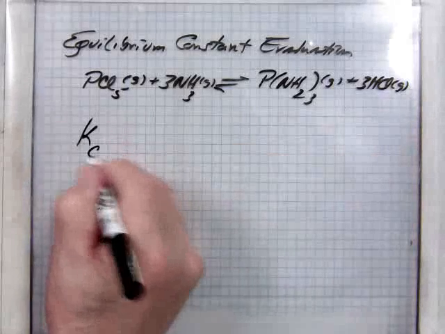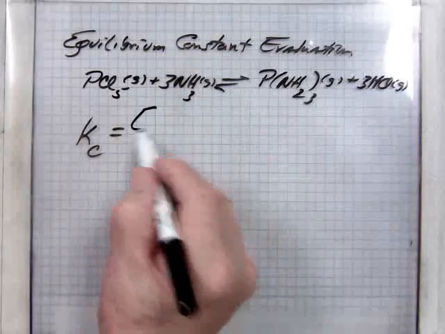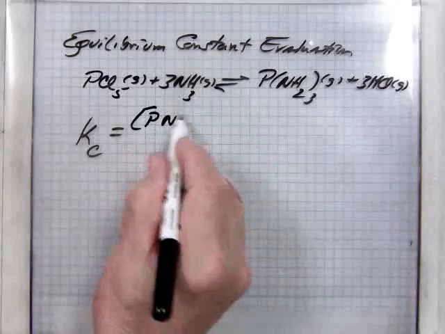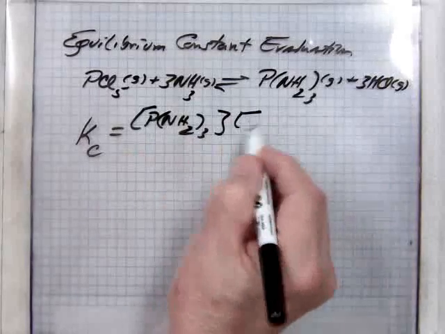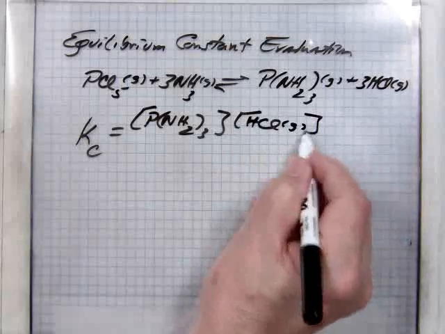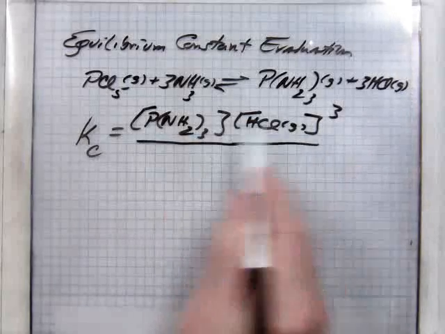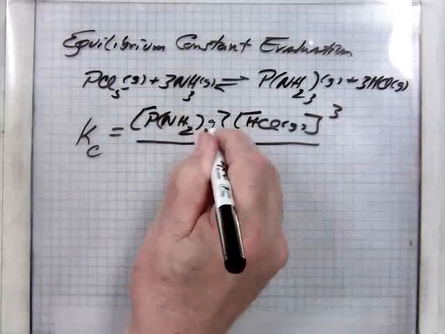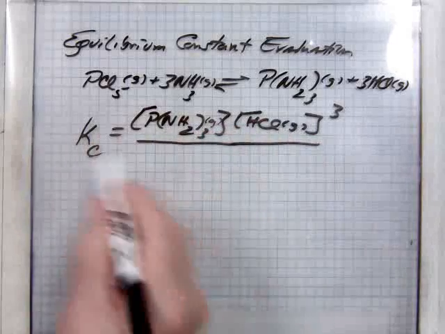So the Kc expression would be products over reactants again, P(NH2)3 times HCl gas cubed, and of course the problem would have to give you the molar concentrations to solve for a K expression.